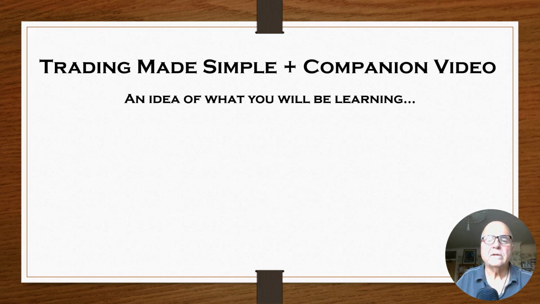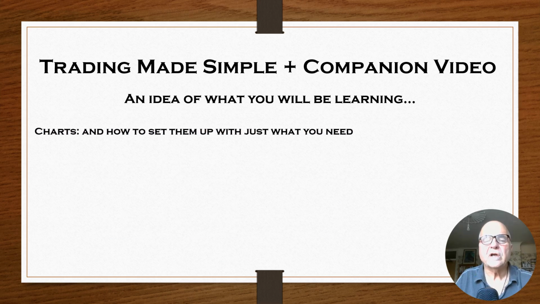Okay, final slide here. We're going to review some of the categories that we'll be covering. It's by no means comprehensive, but I just wanted to go over what you're going to get out of this learning package. Charts: you're going to learn how to set up a stock chart, and whether you're a rank beginner and you don't know a stock chart from a burnt biscuit, you will understand this.